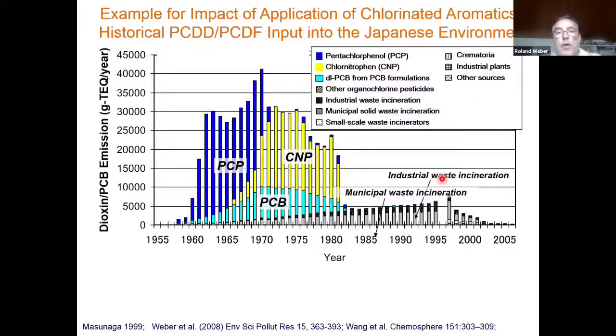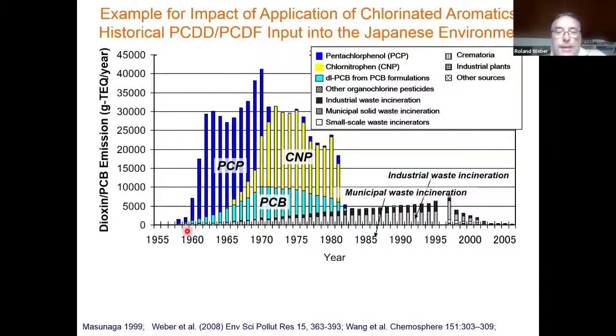There's unfortunately, or fortunately, only one historic dioxin inventory, and this comes from Japan. Japan has done a dioxin inventory from 1957 until recently.